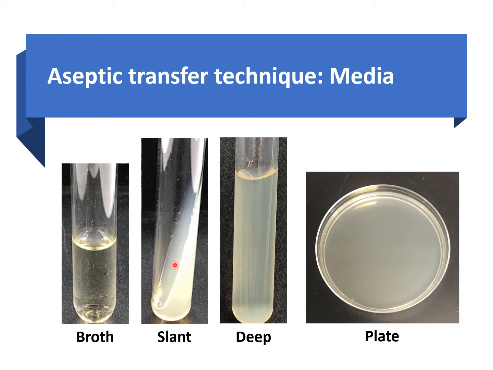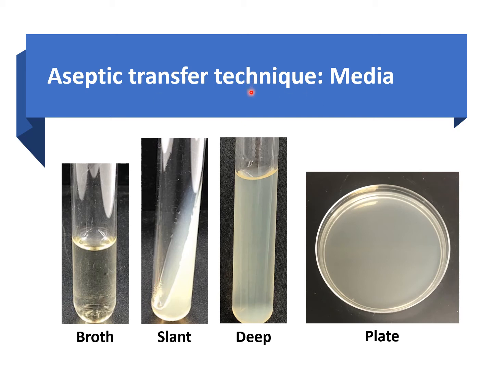When you pour the medium, you tilt your tube, okay? And so when the agar solidifies, since you had the tube slanted, you get this nice slant right here. To inoculate the slant, we usually use an inoculating loop, okay?